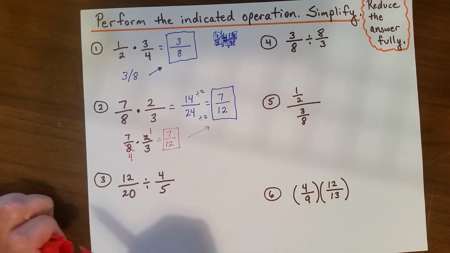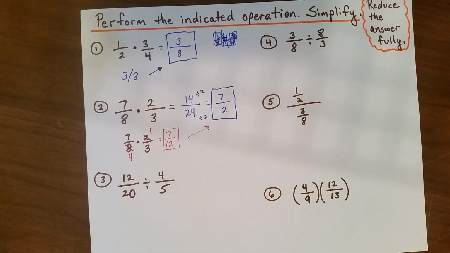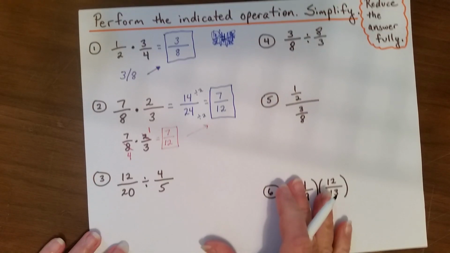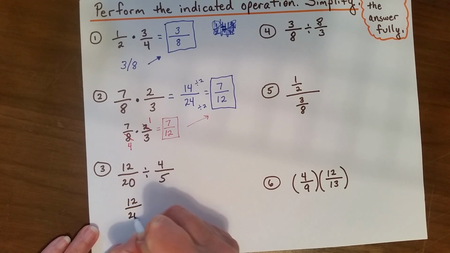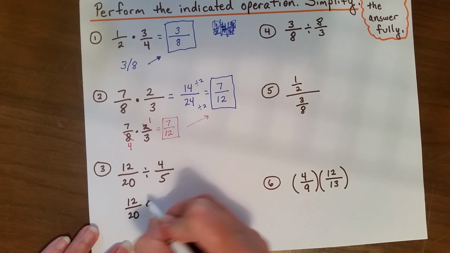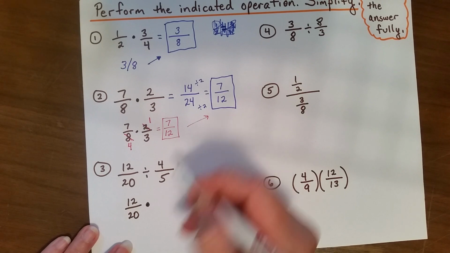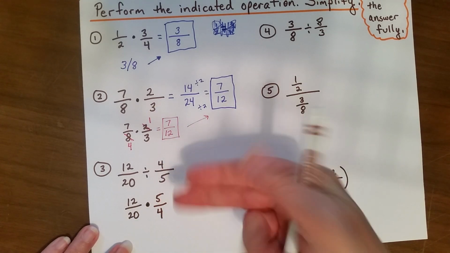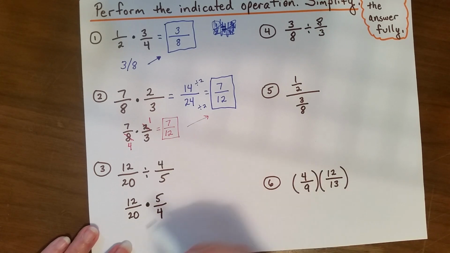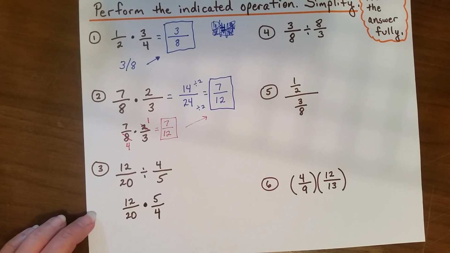Okay, now we've got a division problem. If you remember, to divide two fractions, what we have to do is multiply by the second one. So before I do anything, I'm going to make this 12/20 times, I take the reciprocal of this. The reciprocal is flipping the fraction. Okay, now I've got 12/20 times 5/4. I think in this case I will reduce first.